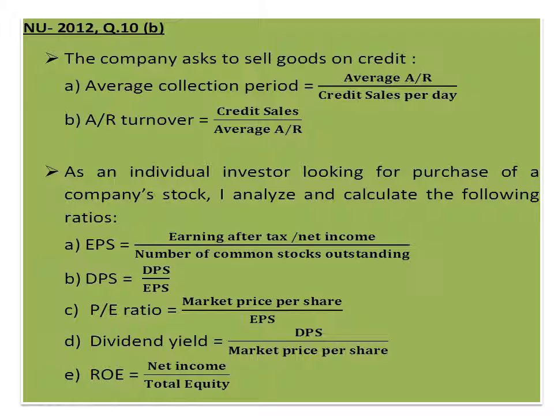B. DPS, dividend payout, dividend per share divided by earnings per share. Price earnings ratio, market price per share divided by earnings per share. Dividend yield, dividend per share divided by market price per share. ROE, return on equity, equals net income divided by total equity.